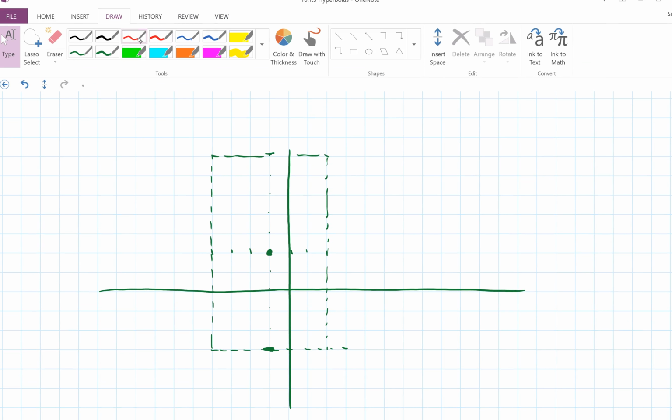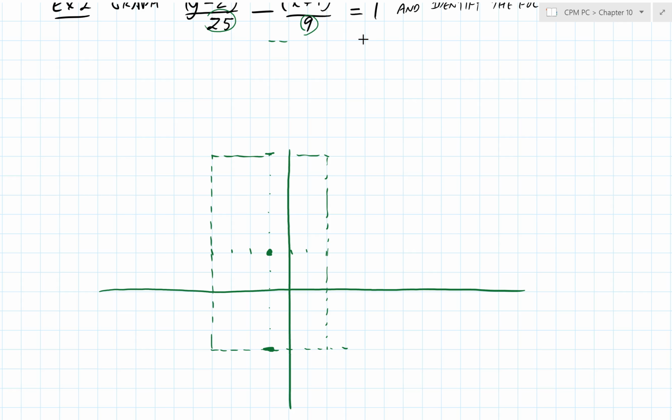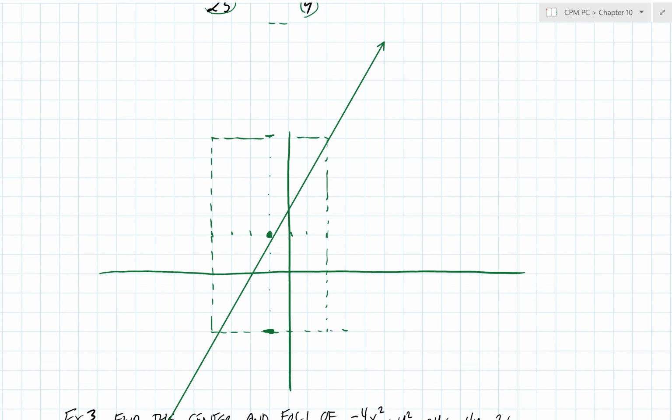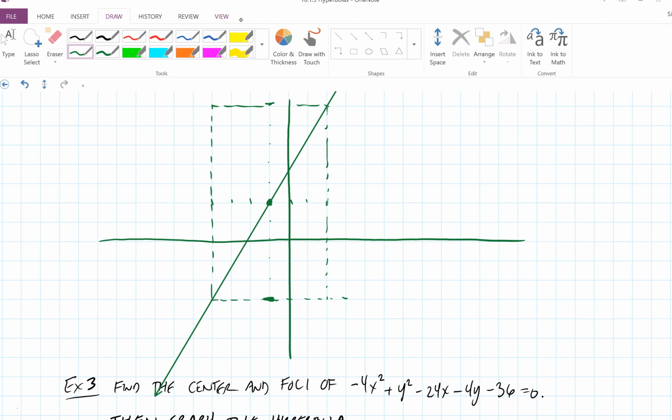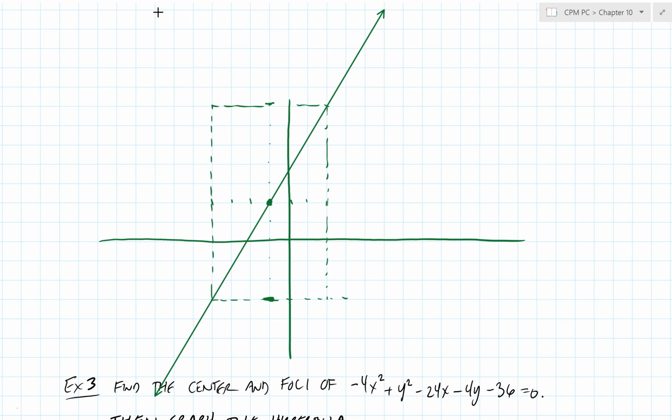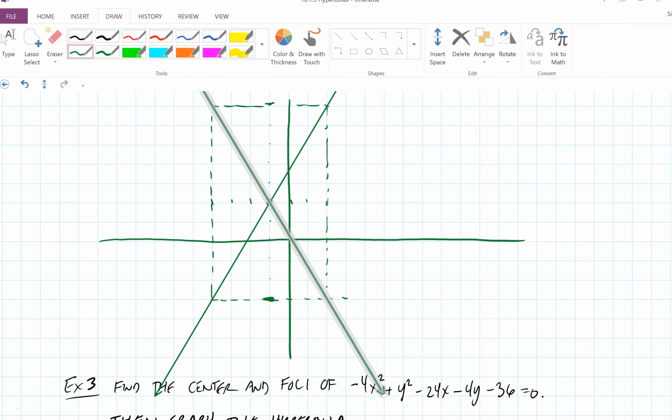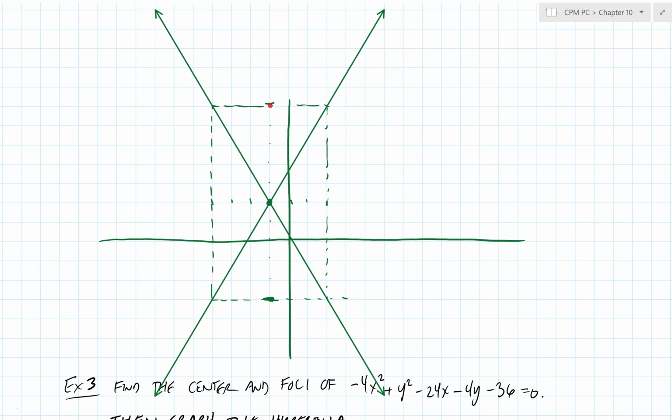Okay, now we're ready to draw our asymptotes. Okay, now we're ready to draw the hyperbola, the vertices.